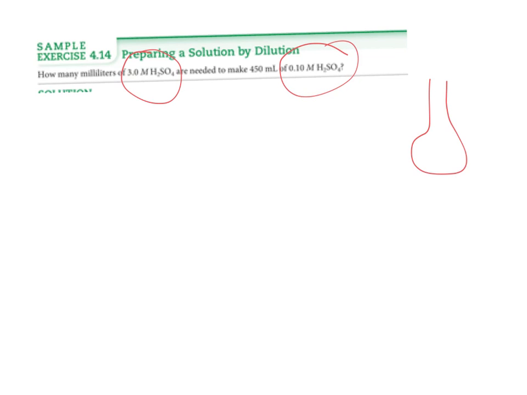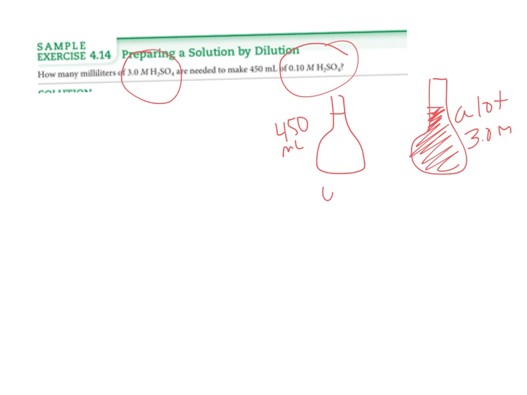So we have a solution that is very concentrated, and we have a lot of it, and we're going to make over here 450 milliliters of a solution that's only, this one was 3.0 molar, this one's going to be only 0.1 molar, so much less concentrated. It's meant to look lighter.